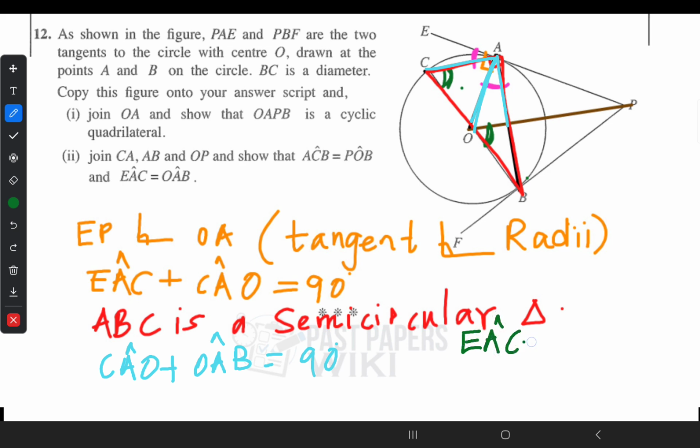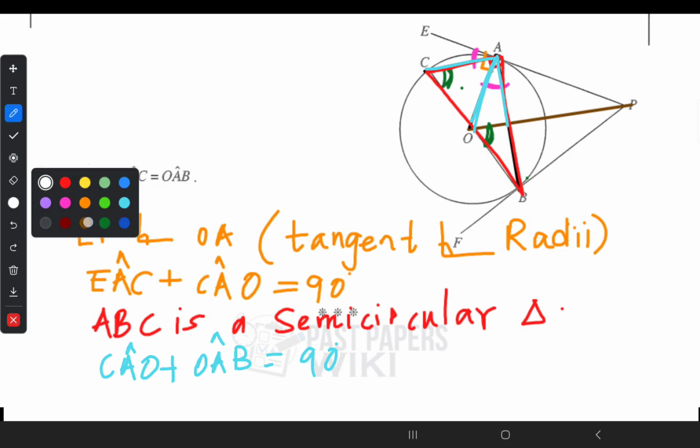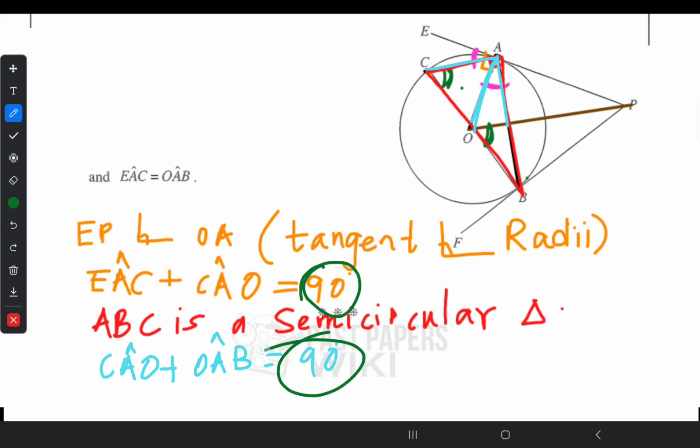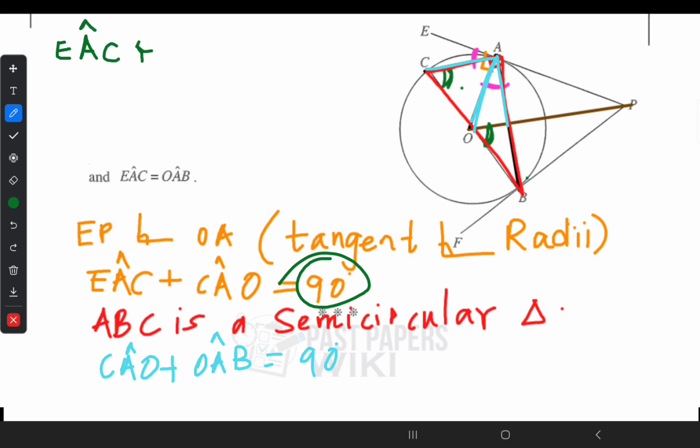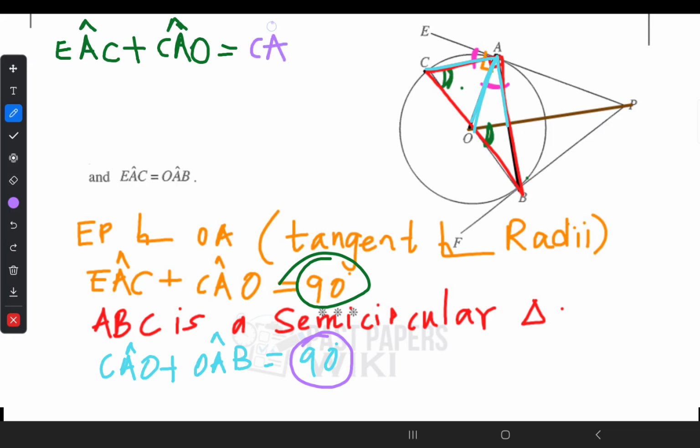EAC plus CAO equals 90, and this one also equals 90, so CAO plus OAB.